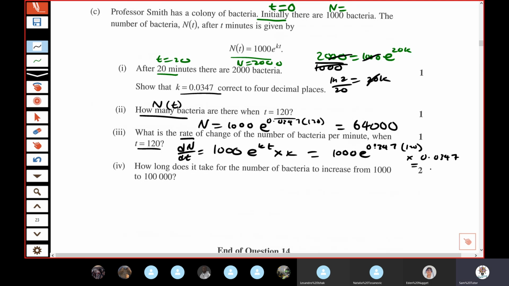Again, what's the answer for this one now? 1,000 e^(120k) is 64,000 times log 2 on 20. 2,218 per minute. So 2,218 bacteria per minute. Any questions?